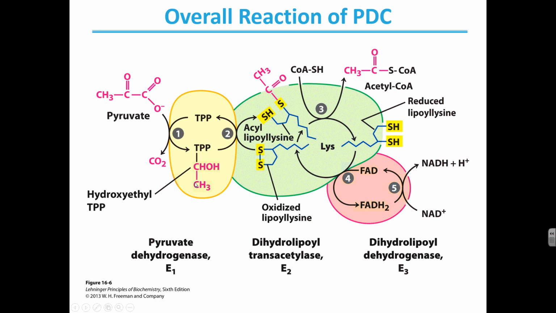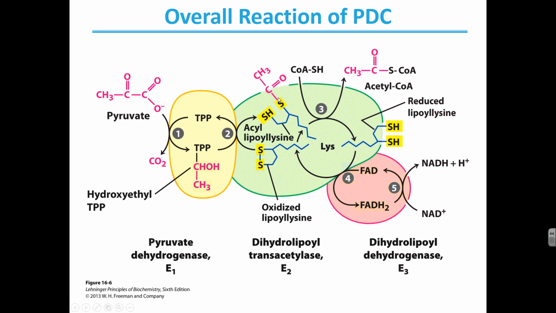Now this acetyl group is going to bind to these reactive thiol groups of your lipoyl lysine residue. Now you may have noticed, we've taken this acetyl group and we've now converted it to a carboxylic acid. So we've oxidized this. If we oxidize a portion of the molecule, we have electrons that have to go somewhere. So you'll see with our sulfur groups, we've now added an electron here.